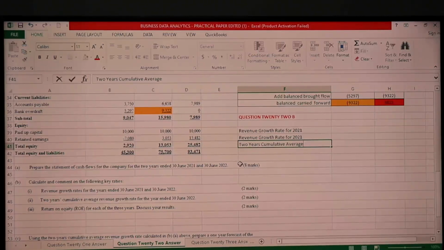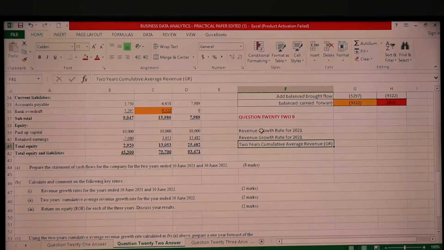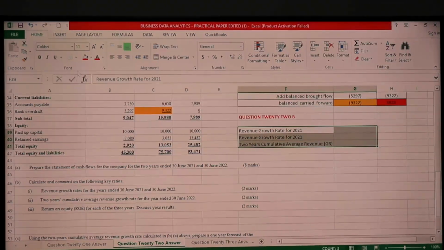So we are supposed to compute those values. And here we need to compute this. So in the cells provided here, we are going to compute that. You can create a small table.